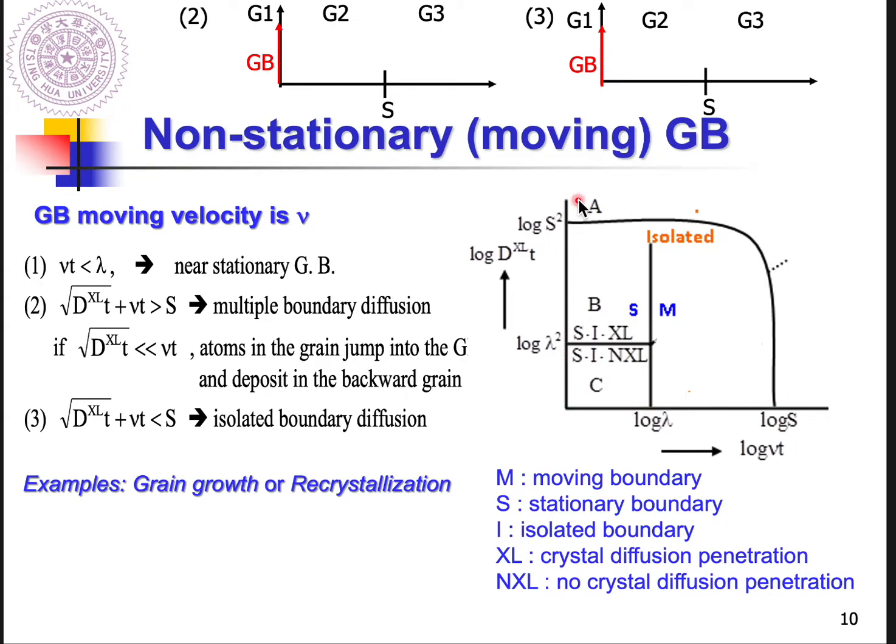The vertical axis is log D_XL t, the log of the diffusion length squared.